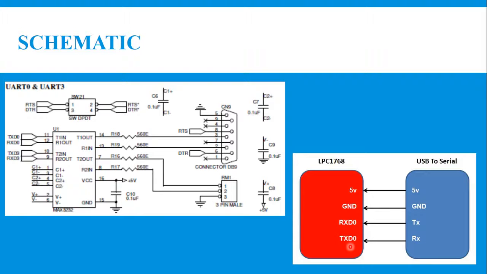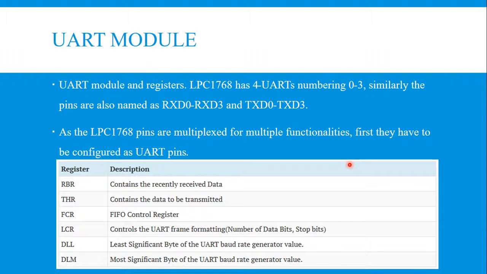So the data which is sent by the UART module is transferred to the monitor, the serial monitor, in a serial fashion. I'll briefly explain the UART module and registers, what they have and what their functions are, so you can recall them while going through the program.